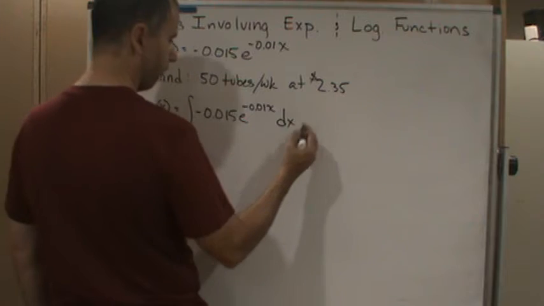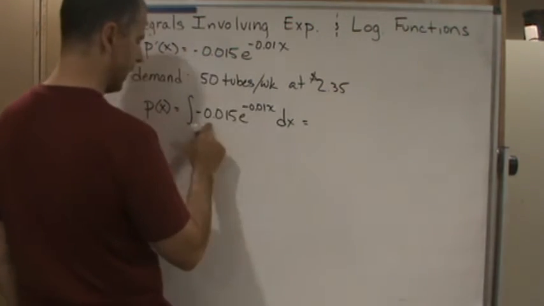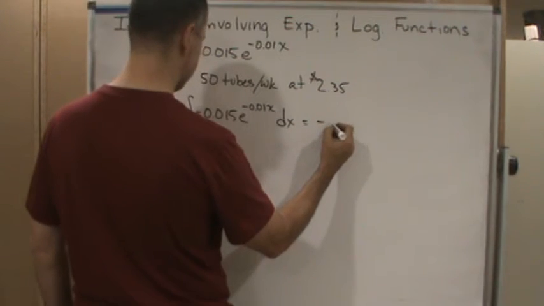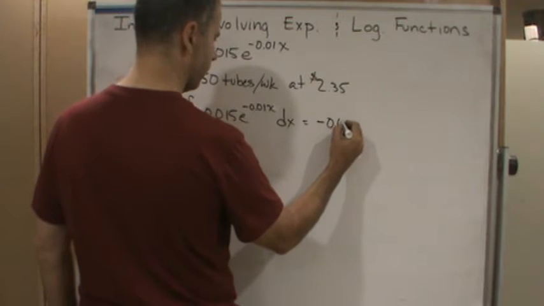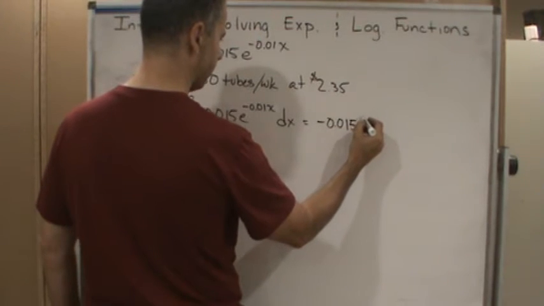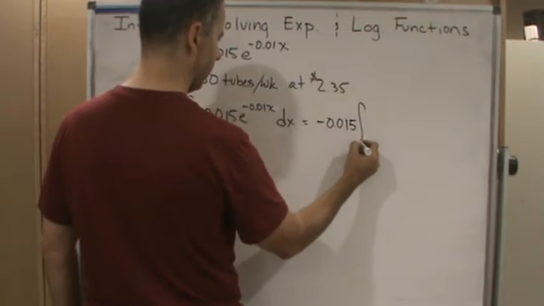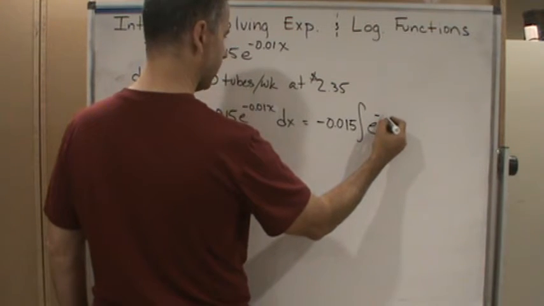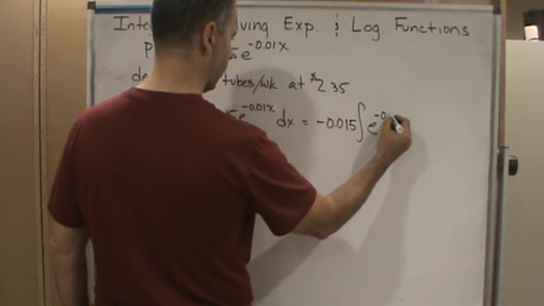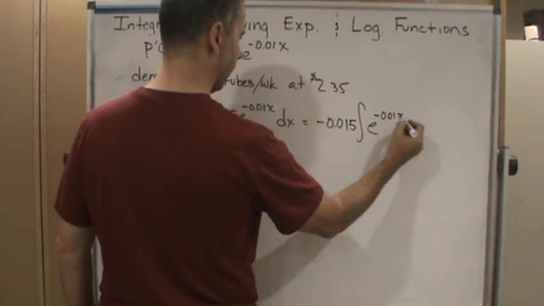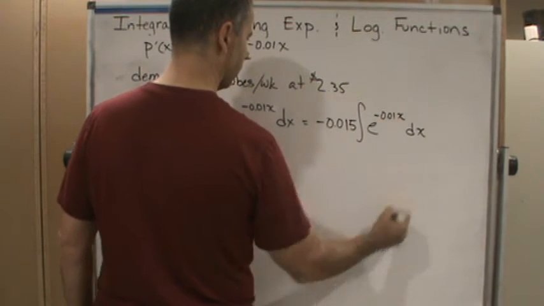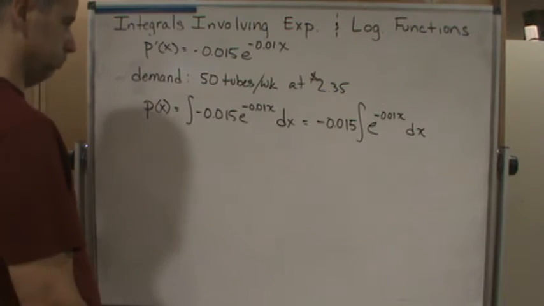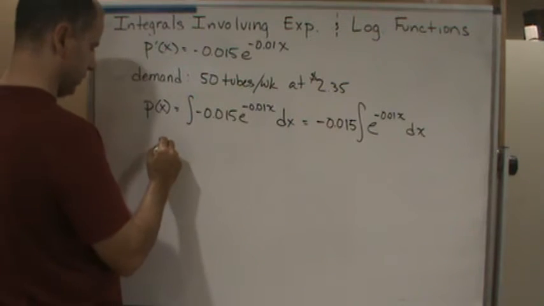Let's pull the constant out. So this is going to be negative 0.015 times the integral of e to the negative 0.01 x dx. Now I'm going to do a u substitution.